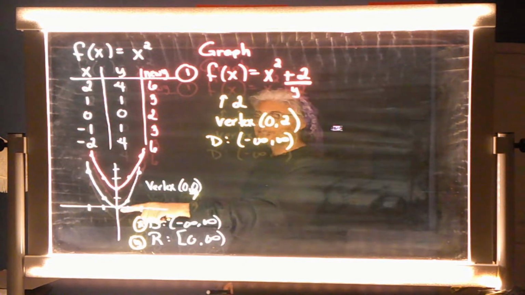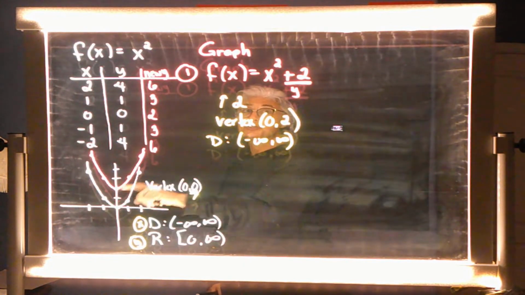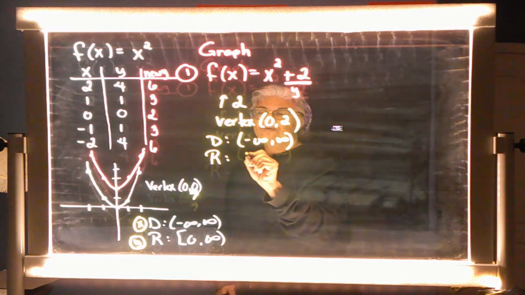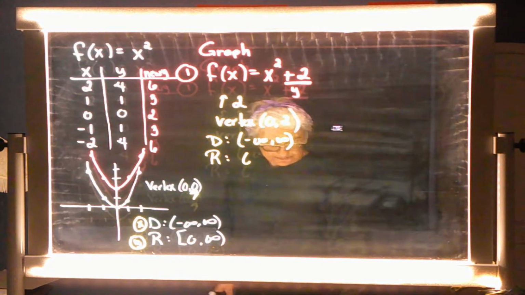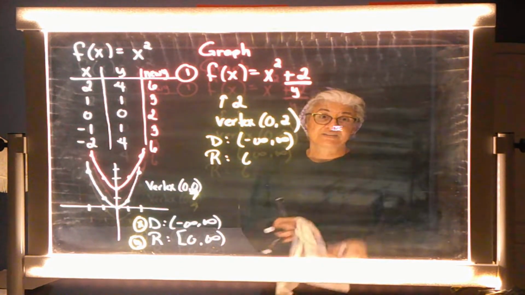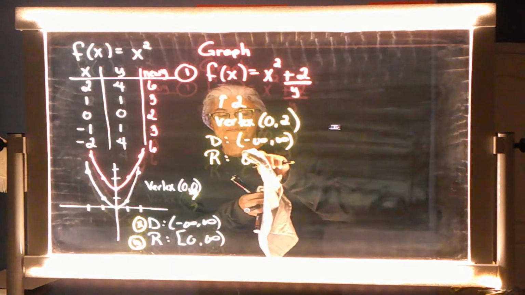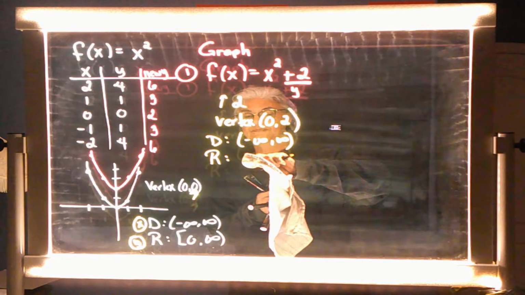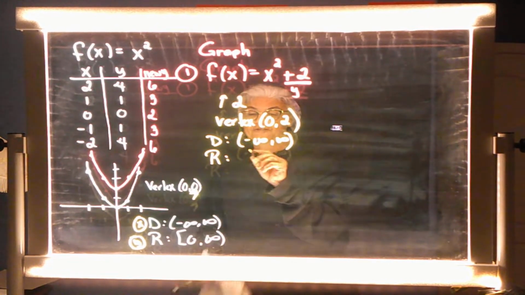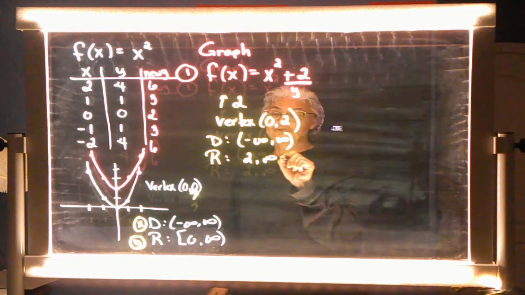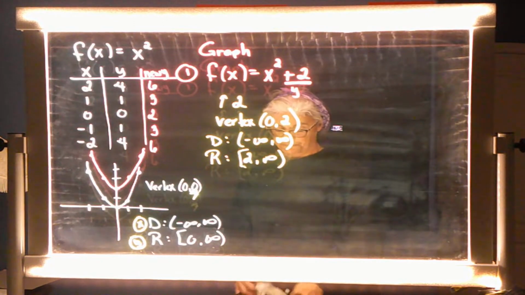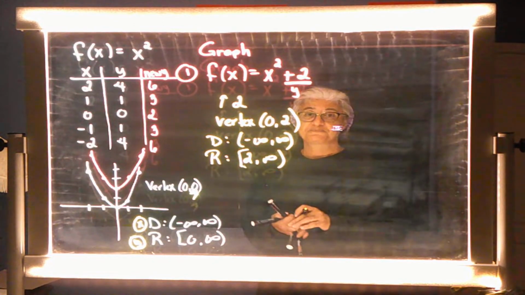Excellent. It's not starting at 0 any longer. It's starting at 2, isn't it? Okay. Whoops. How about I fix that 0 and make it a 2? So it's starting at 2 and it's still going up until infinity. Are you with me on this?